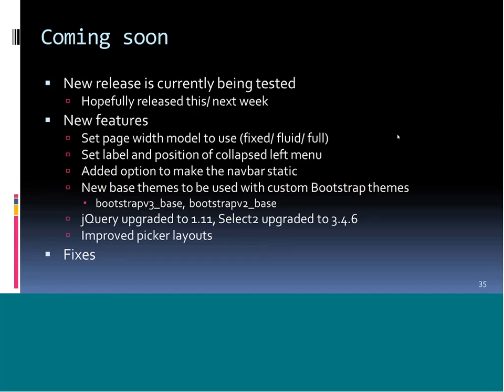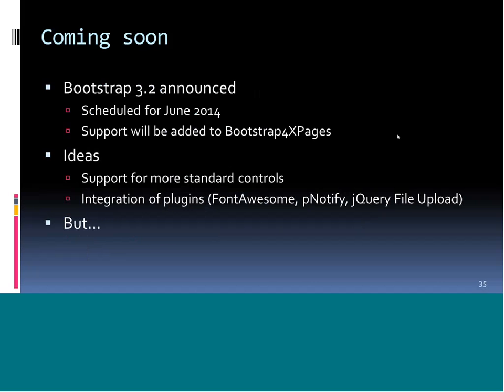We added some base themes that you can use in combination with custom Bootstrap themes I just showed you. We upgraded jQuery to 1.11. Select2 was also upgraded to 3.4.6. We improved some of the picker layouts, and we added a lot of fixes to the plugin. So this is hopefully coming in the next one or two weeks.